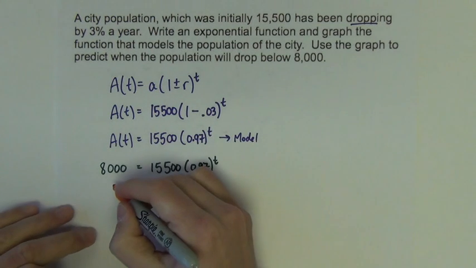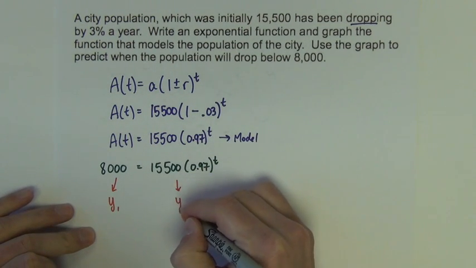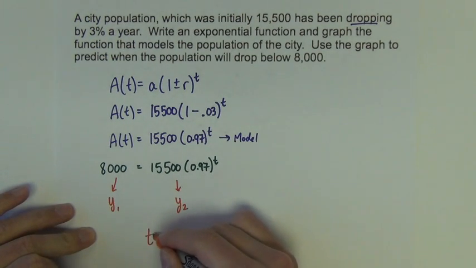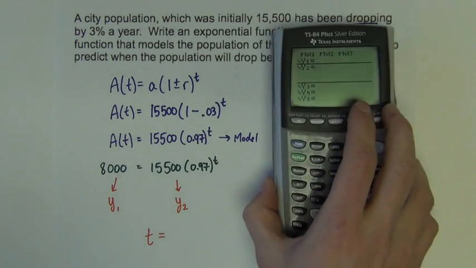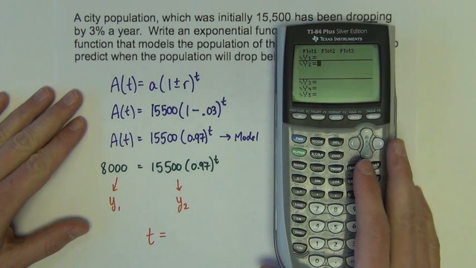We're going to let this side be the y1, this side be the y2. We're going to graph them and try and find an intersection point between those graphs to find the value for t. So let's bring our calculator back. I've cleared out the other functions, and let's go with this one now.